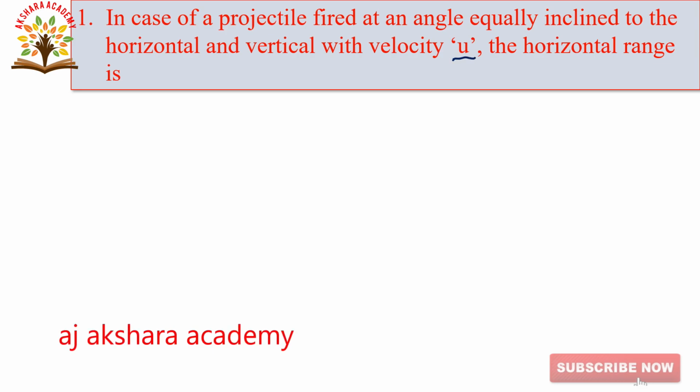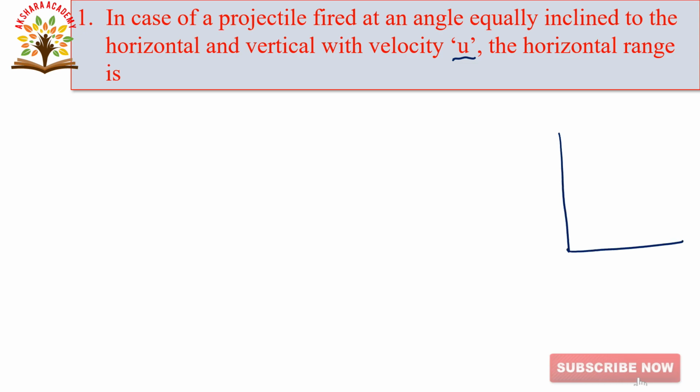You have to find out the horizontal range. See, this is a figure showing equal angles between this and this. This is 45 degrees and this is also 45 degrees.